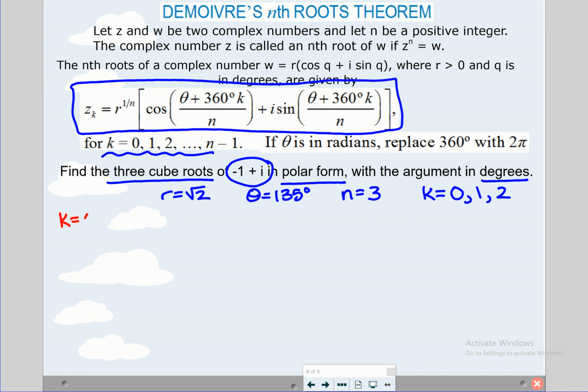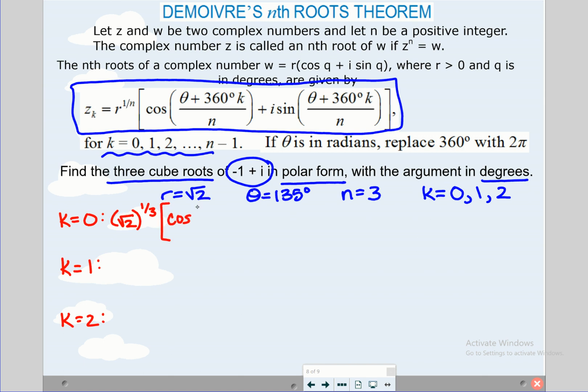And we're going to do all 3 of these, but I'm going to show you a shortcut afterwards so you don't actually have to use the formula 6 times if it's a 6th root. There's a little bit of a shortcut. Okay, so use it 3 times, and each time the k value changes. Our k's are 0, 1, and 2. Plugging it in. For the first one, r is square root 2 to the 1 over n power, so to the 1/3 power.